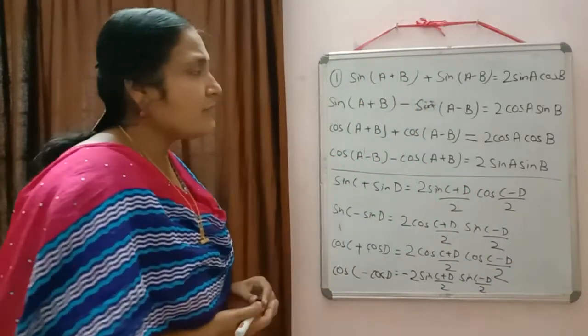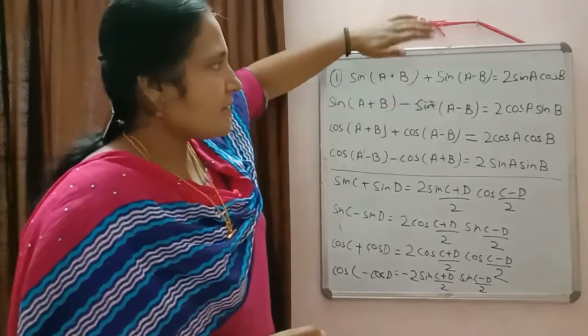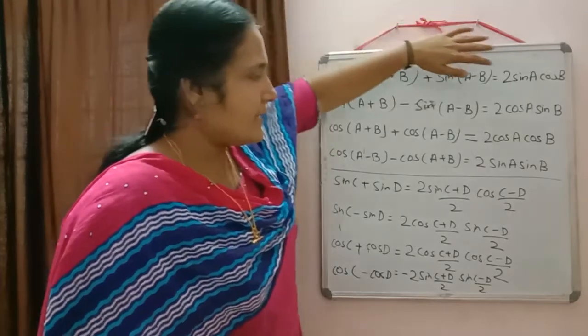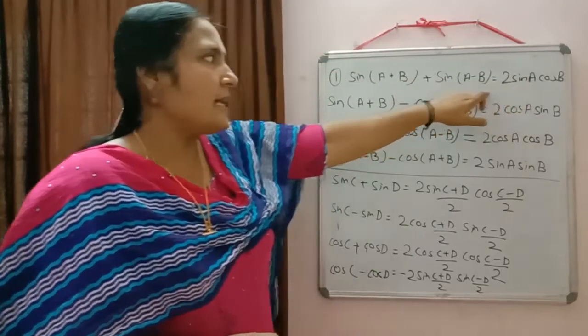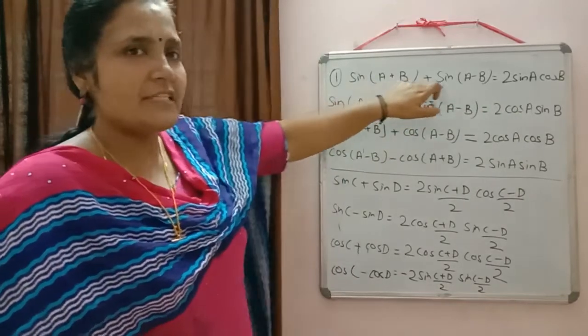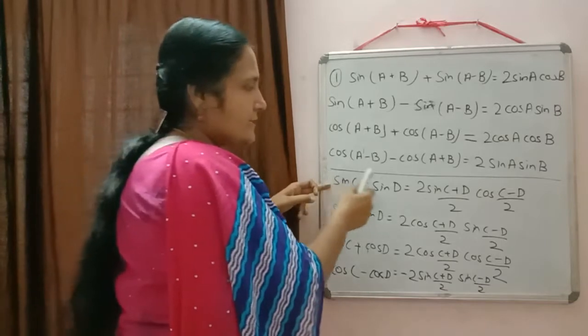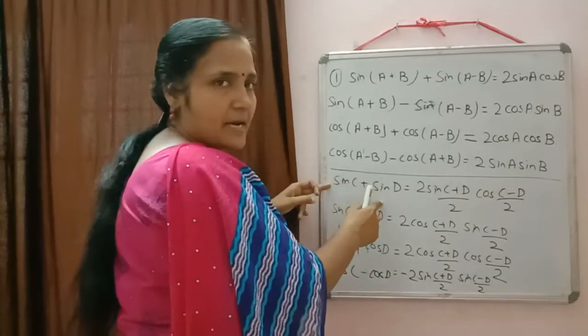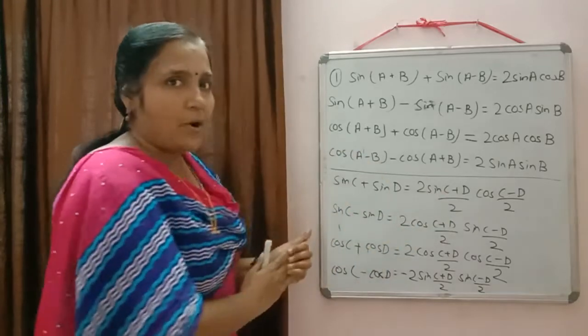In the first four formulas we wrote, the left hand side and right hand side were given in the form of multiplication, and we change it into addition or subtraction. In these formulas, the left hand side is given in the form of addition or subtraction, and using these formulas we change it into a product.